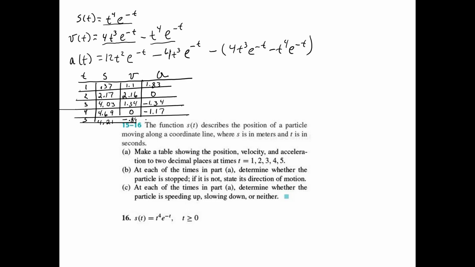And we have a negative acceleration, negative 0.51. And so then we must be speeding up again because my acceleration and my velocity have the same sign.